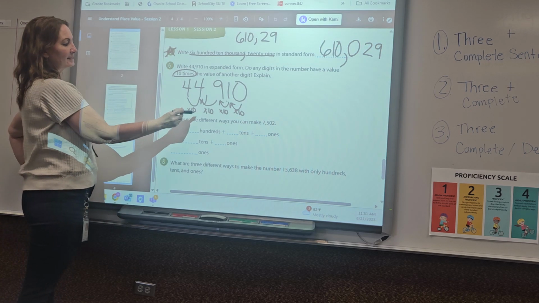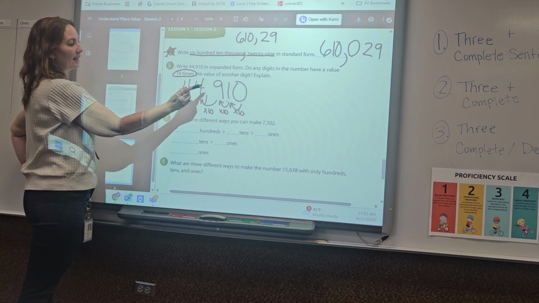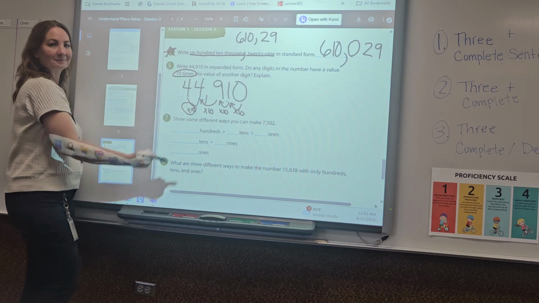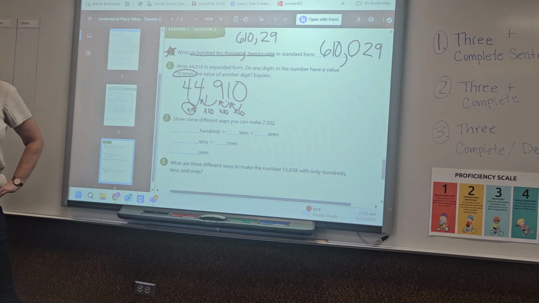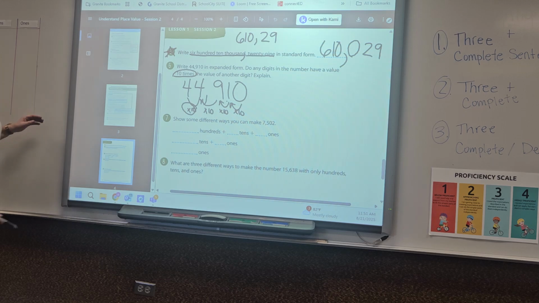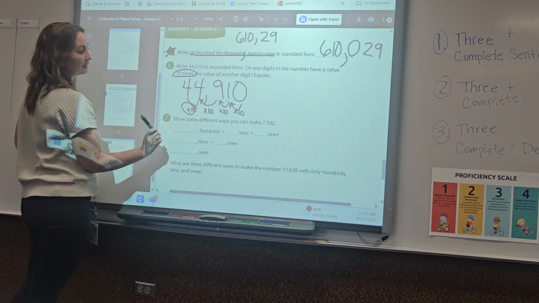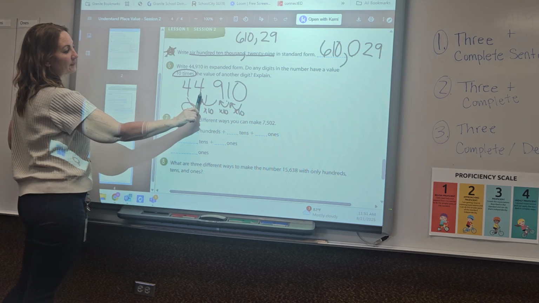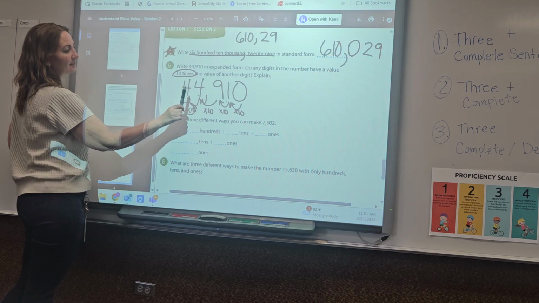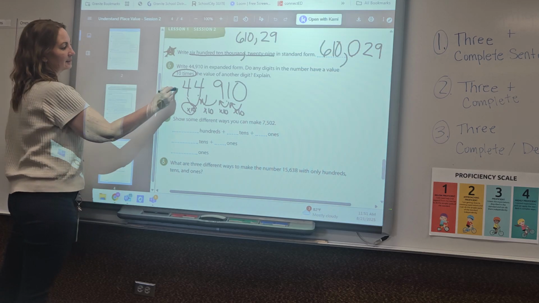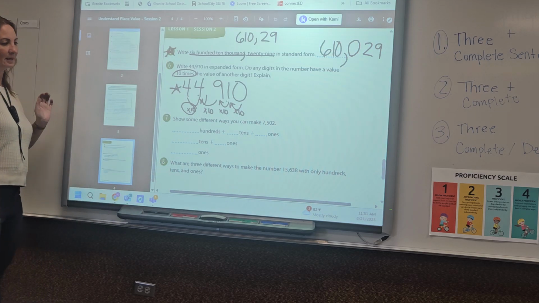This 4 is 10 times more than this 4. Remember that from Monday? Every time we move over place value, it is 10 times more. And if they're the same digit, 4,000 times 10 is 40,000. So that's what it's talking about.